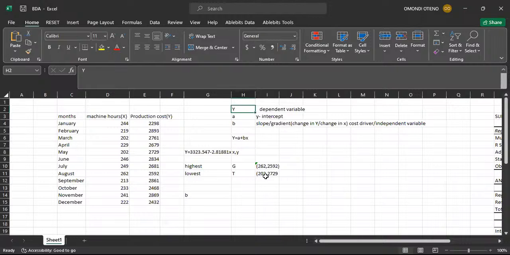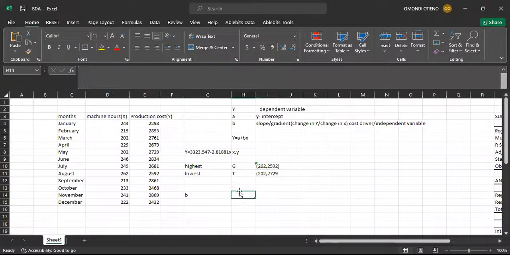Now, we come to this point. We've identified that our B is change in Y over change in X. So where is the highest pair? This one here is what we are going to pick.